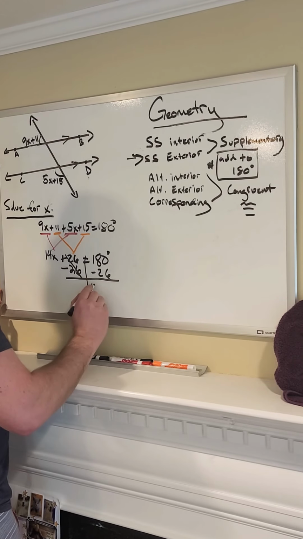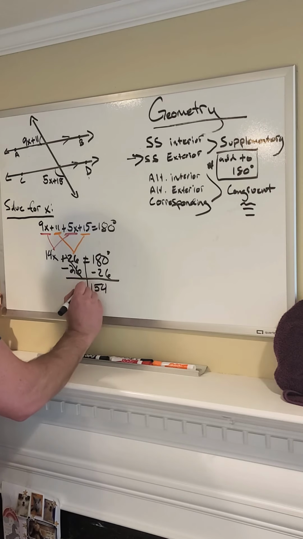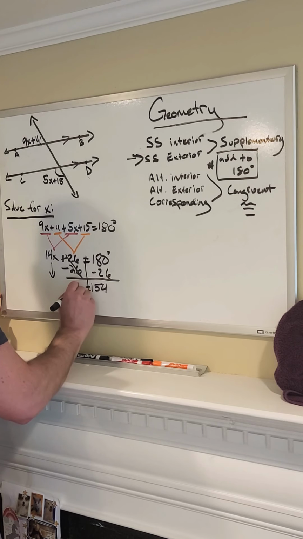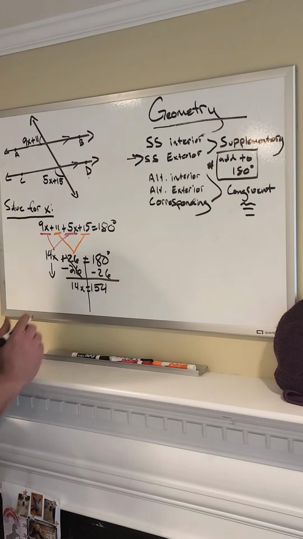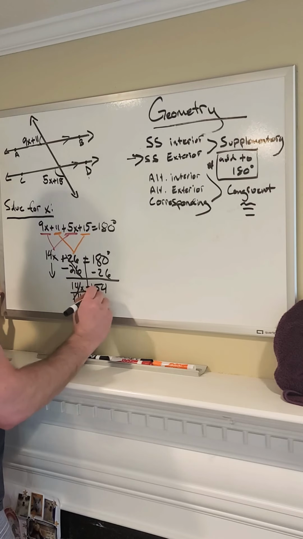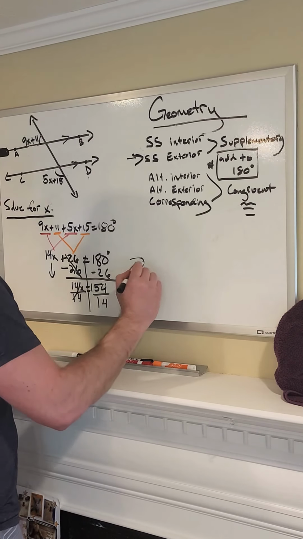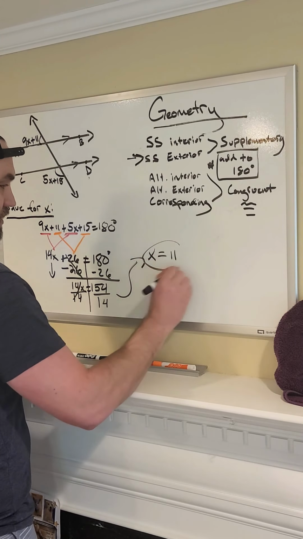That gives me 154 equals, bring down my 14x. So now I have 14x equals 154. Divide by 14 because I'm going to get rid of the 14. And I have x is equal to 11.